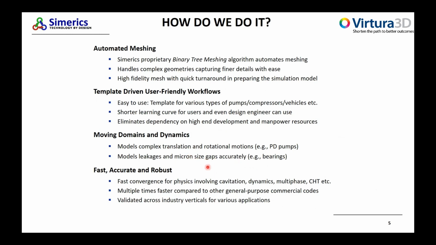We can also model small clearances, with changes from bigger size mesh to smaller size mesh, quite accurately. That is also a big advantage of why we are the best in the market.